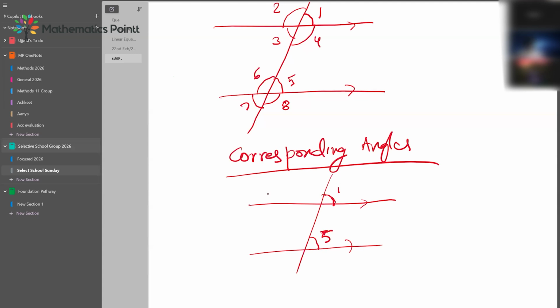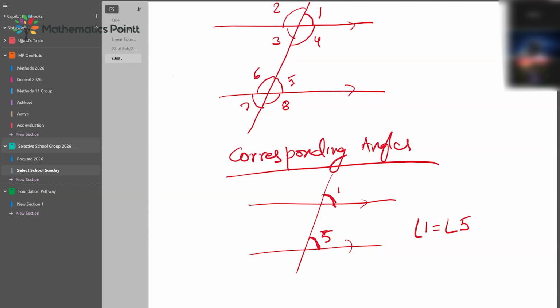One angle outside, one angle inside on the same side. So angle 1 is equal to angle 5. The corresponding angles are equal. The theorem of geometry says whenever two parallel lines are cut by a transversal, the corresponding angles are equal.